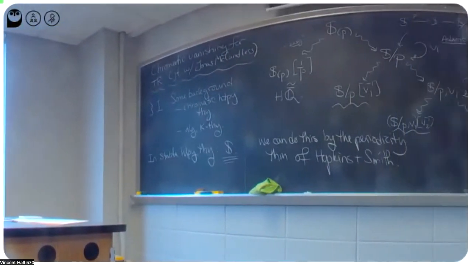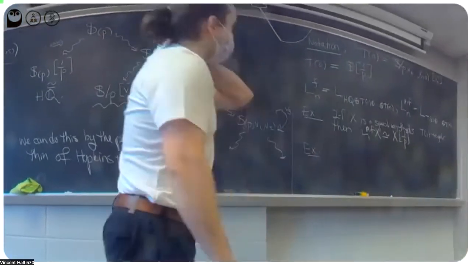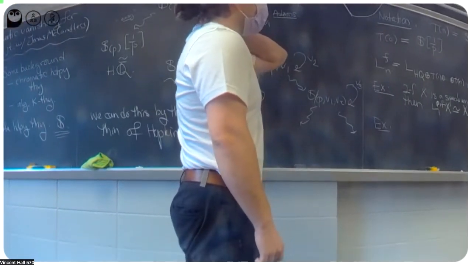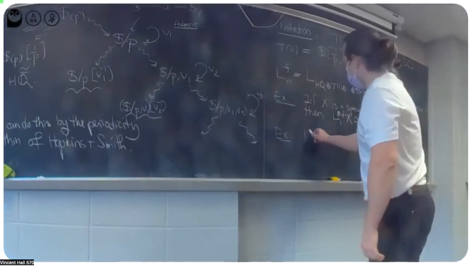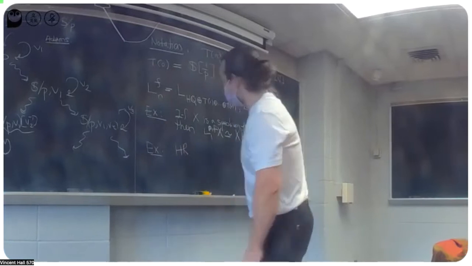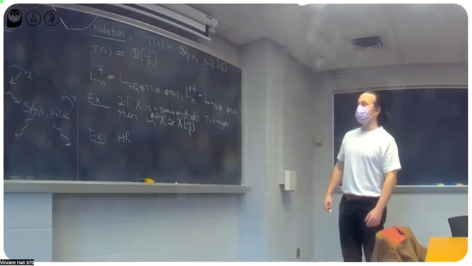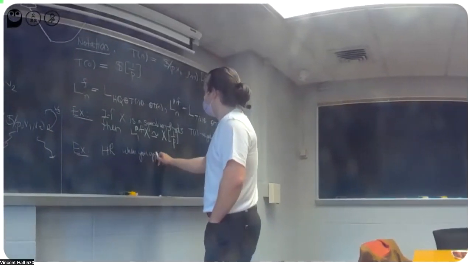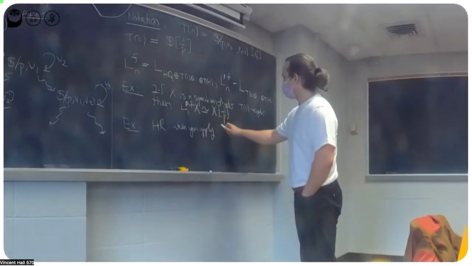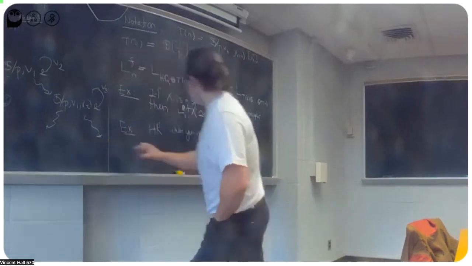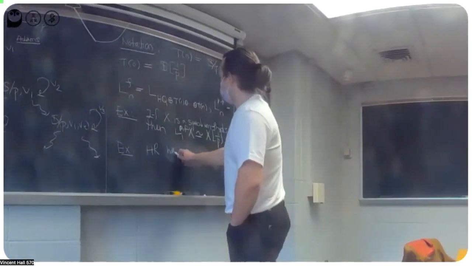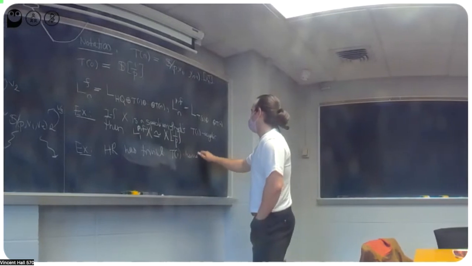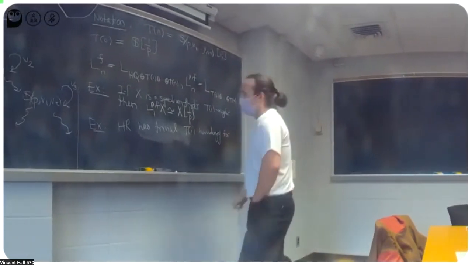So if we take a look at another example, here's another example: if you plug in anything that is like the Eilenberg-MacLane spectrum of, say, a ring or a group, then basically, maybe I'll say this in the following way: HR has a trivial Tn homology for n bigger than or equal to 1.